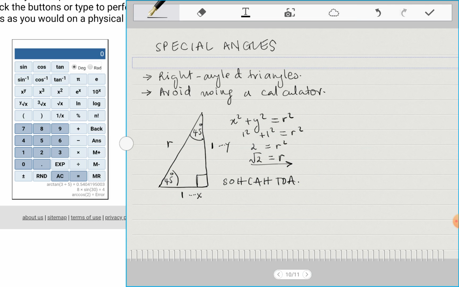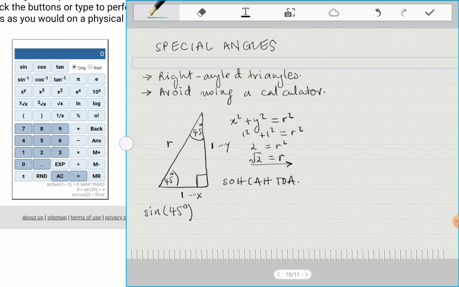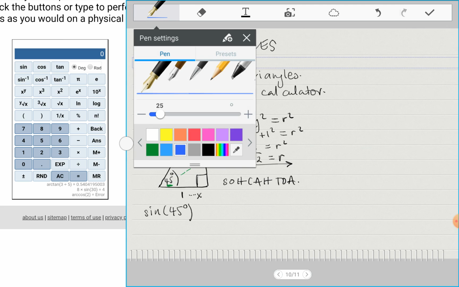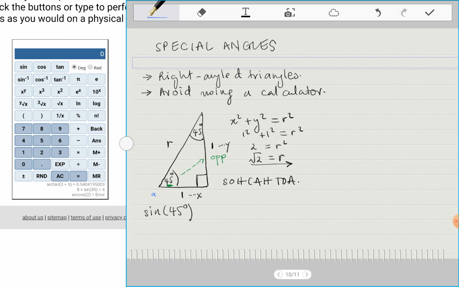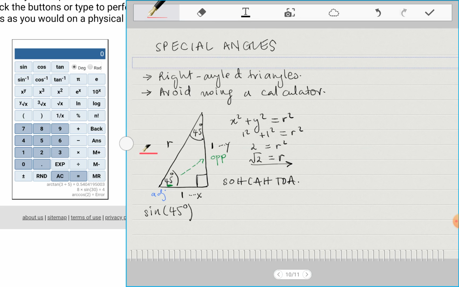So if we take sine of 45, which 45 are we dealing with here? Let's just pick this one. So we're dealing with this 45, so this would be our opposite side, this would be our adjacent side, and this then would obviously be the hypotenuse.